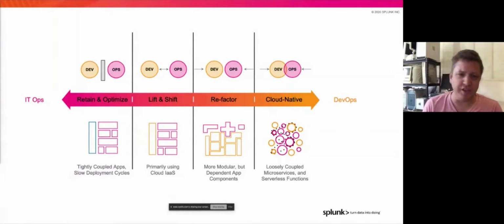A lot of organizations, you may have heard of the strangler pattern. The strangler pattern is the process of going from lift and shift to refactor, and where you take new services that you're onboarding and you build them as microservices, or you slowly pick apart the existing services and move them to microservices. Then you have all the way to the right of the spectrum, which is cloud native applications.